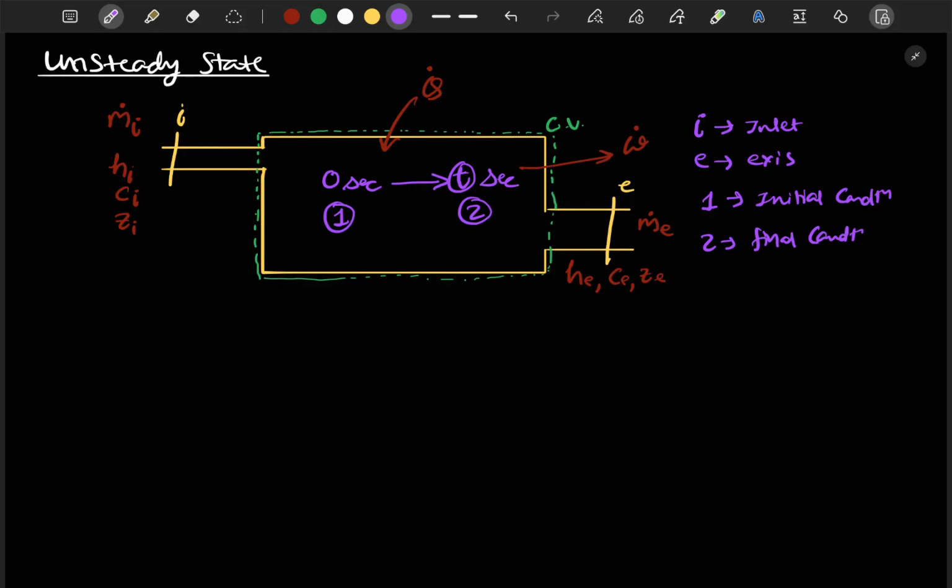Let's start with the first variation. The first thing we will do is conservation of mass for the system.